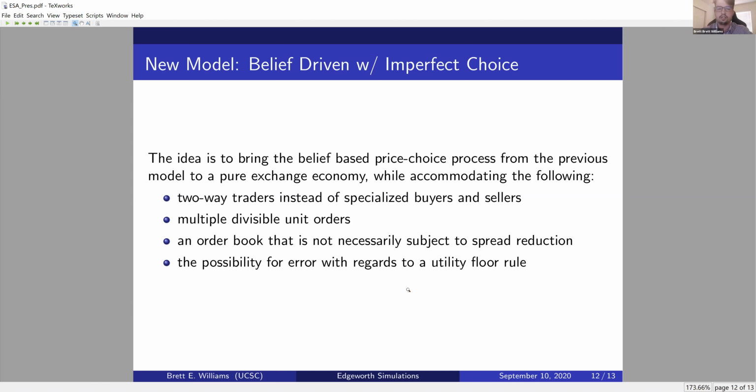Potentially you're trying to position yourself, or the prices are too aggressive for you, so you might want to wait, but you want to get your order in earlier. There's also the possibility for error with regards to a utility floor rule, so possibly placing something that is below your current indifference curve, or accepting something there, which we do see in general equilibrium experiments.